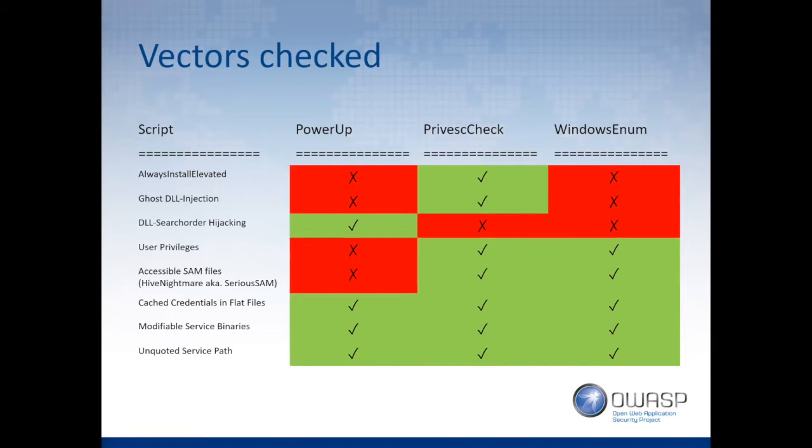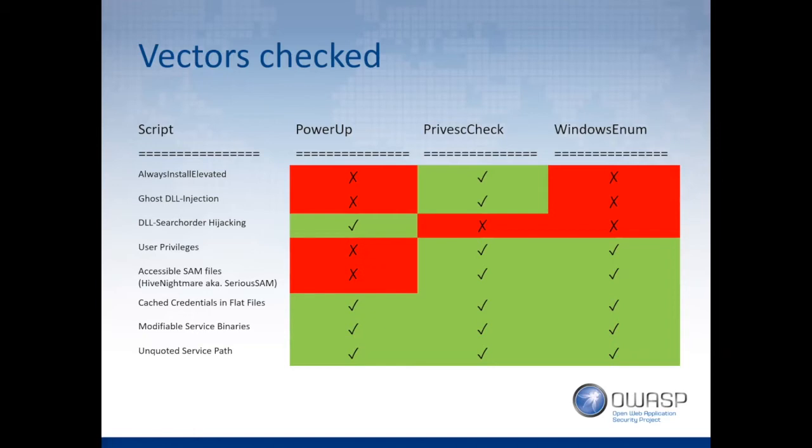And lastly, the 3 attack vectors that I've talked about in the beginning that are checked by all the 3 scripts are mostly related to services in Windows, but also credentials and flat files.